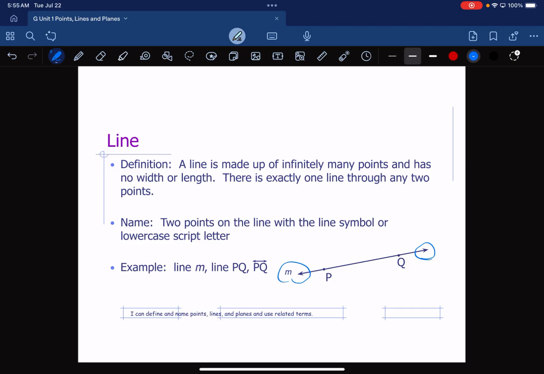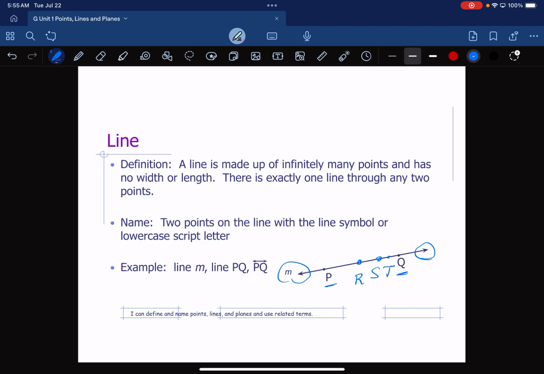So it's got an infinite number of points because for any 2 points like P and Q here on the line, there's always another point that can be placed in between them. Like maybe we can put R in there. Well, then between R and Q, we can put S, and between S and Q, we can put T, and we can just get this line infinitely small and still find yet another point between any 2 points that are on that line. That's why there are an infinite number of points, okay?